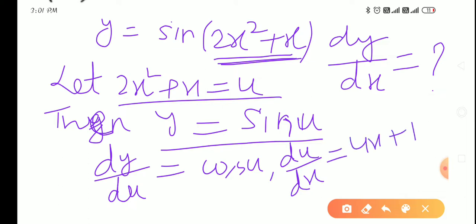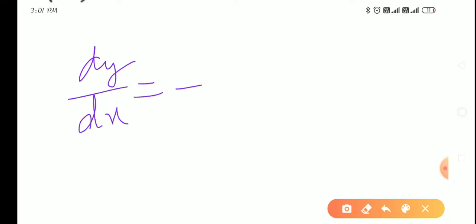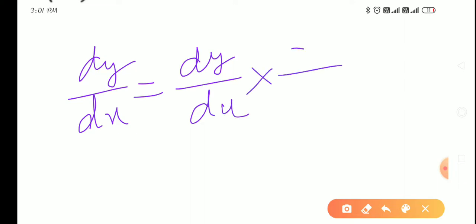Now you can write dy upon dx equals dy upon du multiplied by du upon dx.